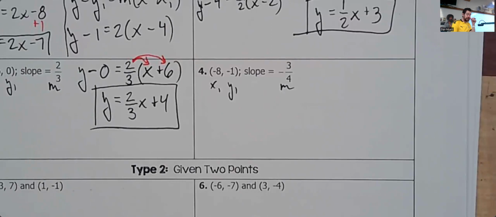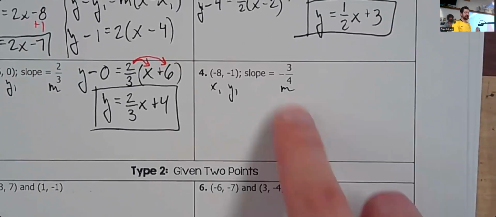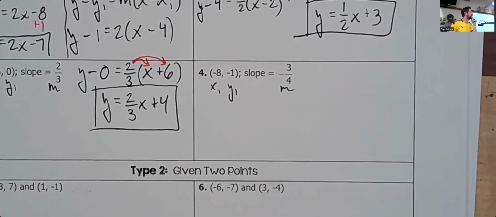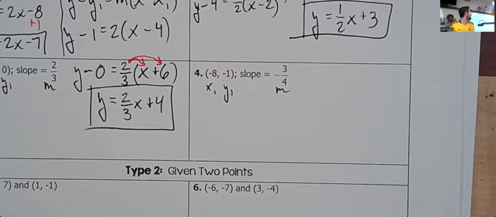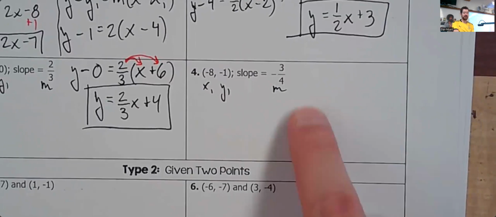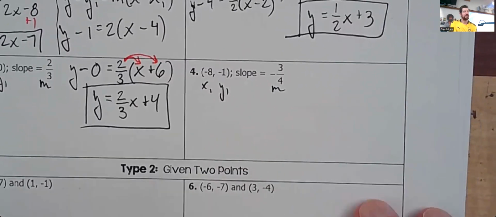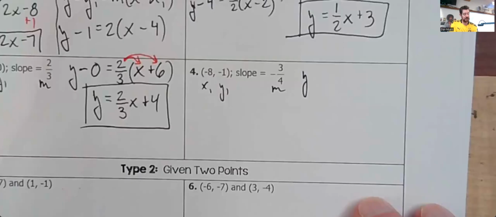All right. Somebody tell me, what is the initial point slope equation? What's our initial point slope equation before you do the distributive property and all that? What's the first thing we got to write here for point slope? Okay.